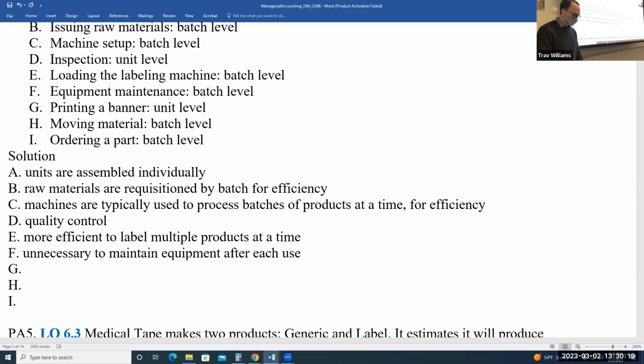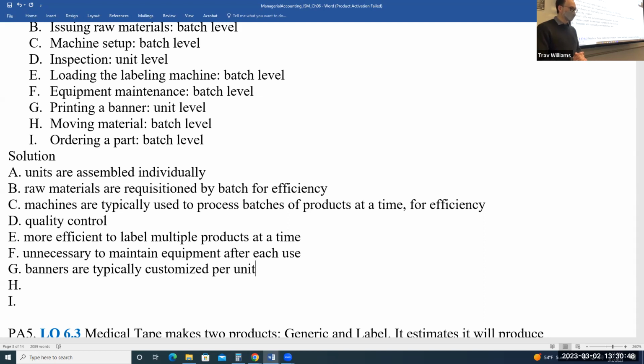The banners are typically customized per unit. You might have a situation where somebody needs multiple banners that are all the same, maybe if they've got multiple stores and they want the same banner hanging in every store. But a lot of times companies just need an individual banner.